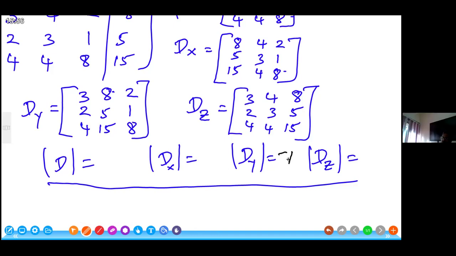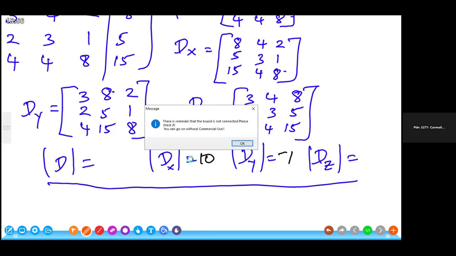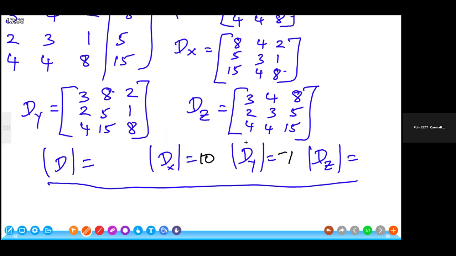Determinant dx 10. dz 67. I don't know the values, so I just gave some. What is the determinant of D?